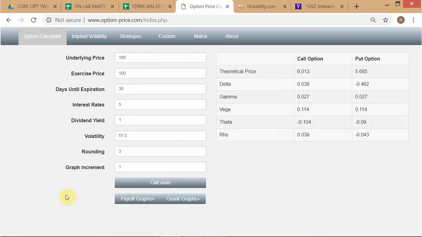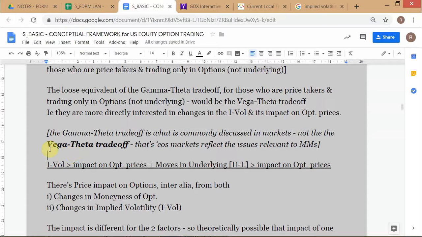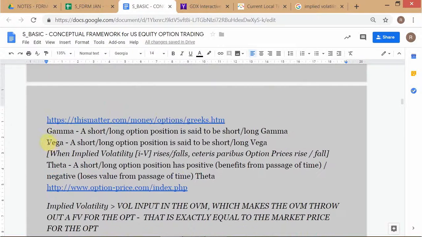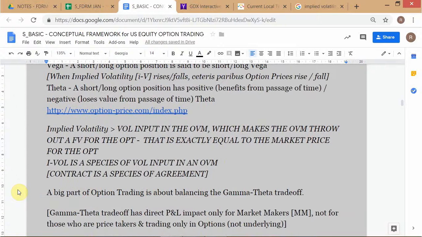As you can see here, if you increase the vol input, the option price goes up, both calls and puts. So if you are long options, we say you are long vol and long Vega. A long option position is long Vega, which means you're set to benefit from increases in vol, and increases in I vol essentially. And I vol has a connection to H vol.